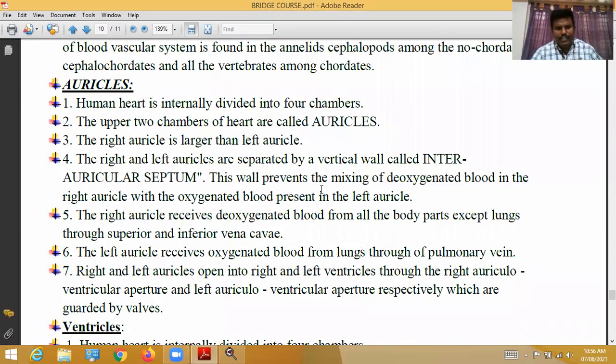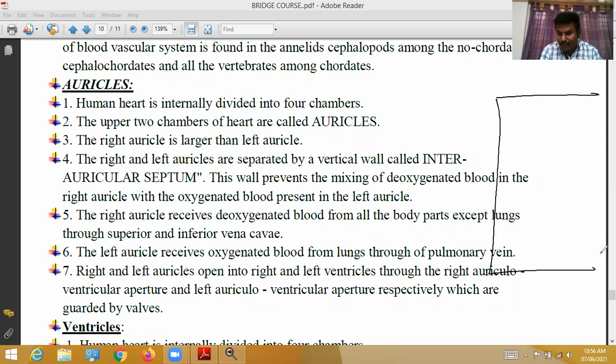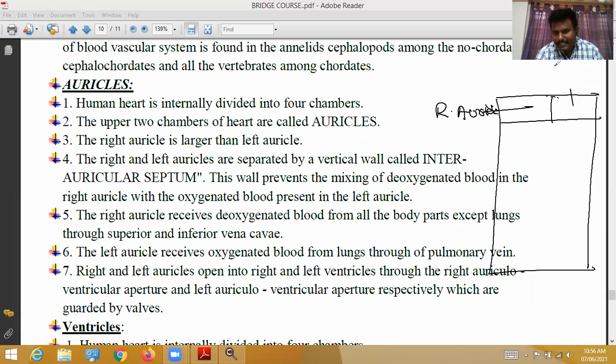So more information about auricles we will see. The human heart is internally divided into four chambers, so for our understanding, this diagram we will draw. This is the right auricle and this is the left auricle.